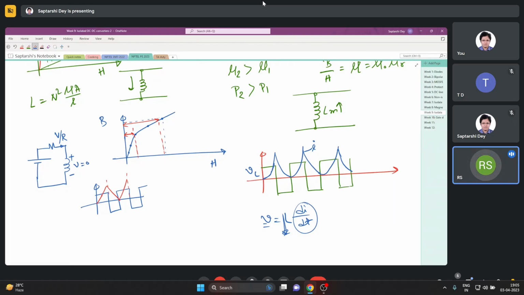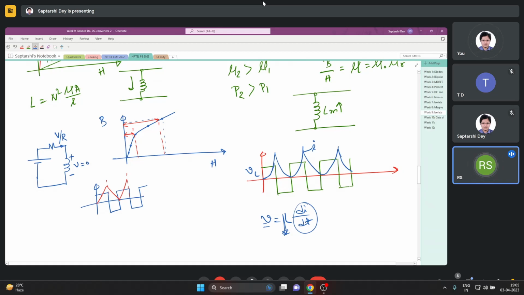Sir, this B can be written as phi by A, right? This B on the vertical axis can be written as phi by A, which means this vertical axis instead of B can also be phi. In the saturation region, the current is varying. Suppose from the vertical you have drawn the red color lines, and the current is varying between those two lines.